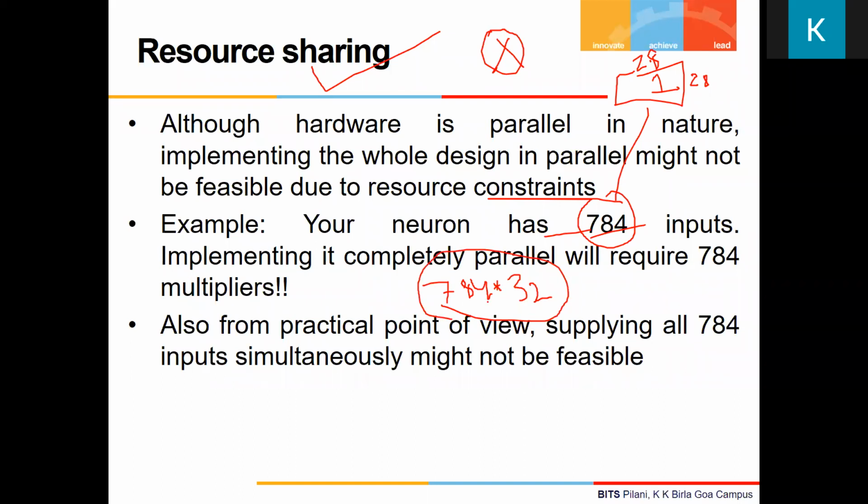Those kinds of buses are practically not feasible, because most of the buses within the chip get data from DDR memory, and DDR will not support that kind of bit width. Actually, it supports something like 512 bits. Here I need 784 inputs, each input 32 bits, so I cannot have it.